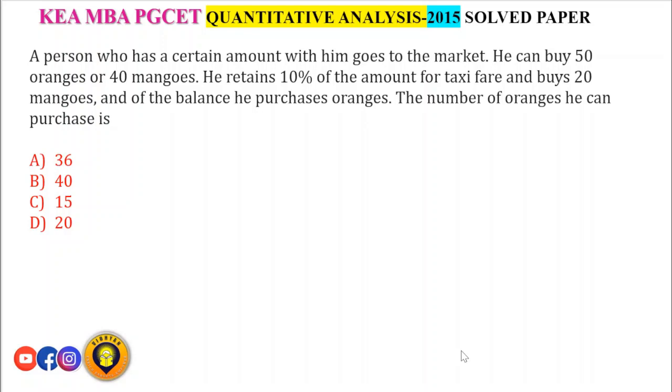The number of oranges he can purchase is... See, a person has a certain amount, you don't know how much, but with that money he can buy 50 oranges or 40 mangoes. That is, the price of 50 oranges and 40 mangoes are equal.